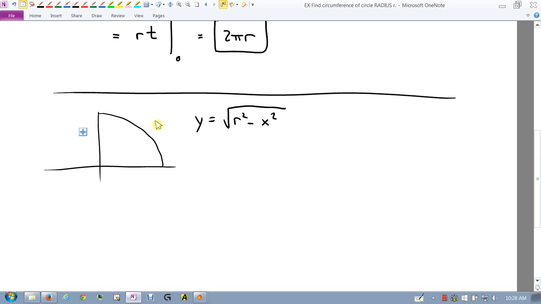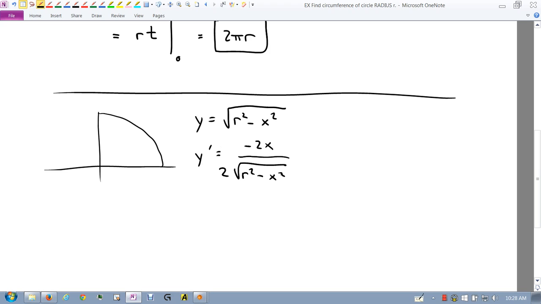So you'd have to find the general equation of a circle, radius r. You'd have to solve it for y, which would be this. And then you would have to take y prime, which would be negative 2x over 2 times the square root of r squared minus x squared.